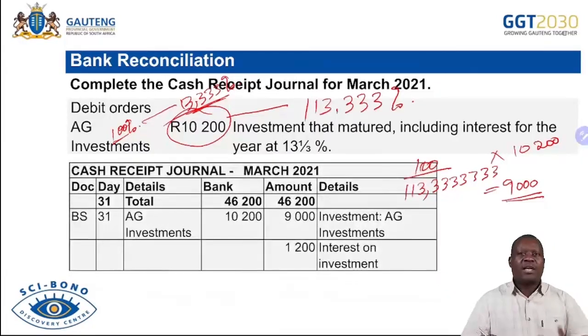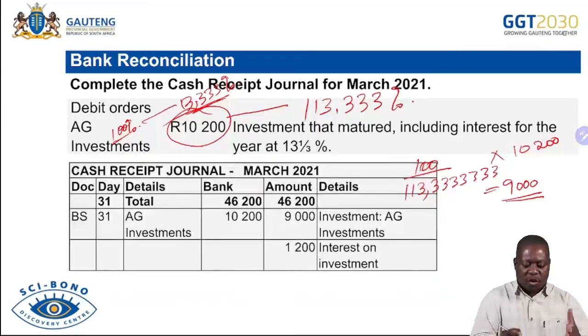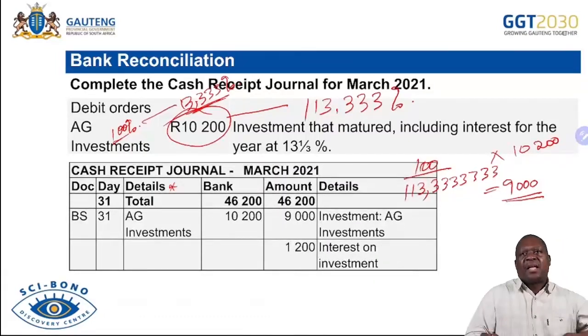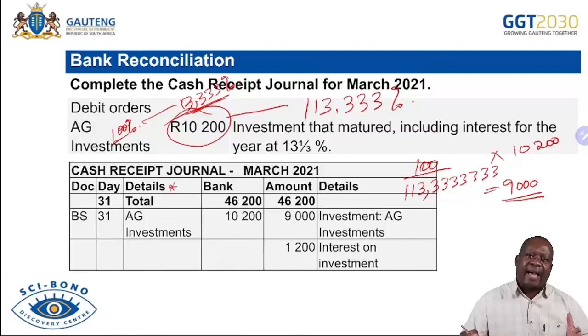Now, let's see how it is going to appear when we record. When we record in our cash receipts journal, it's going to appear like this. The source document is our bank statement. The date is the 31st. And then the details. Please take note. The details is like they are asking you, who are we receiving money from?